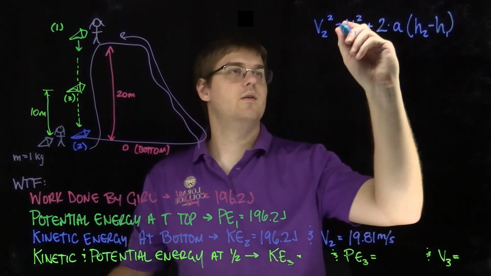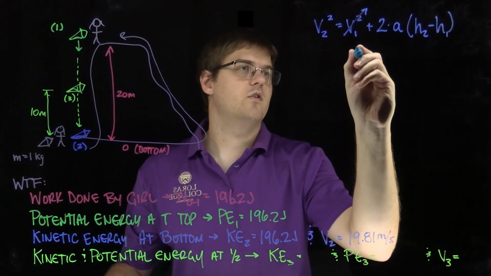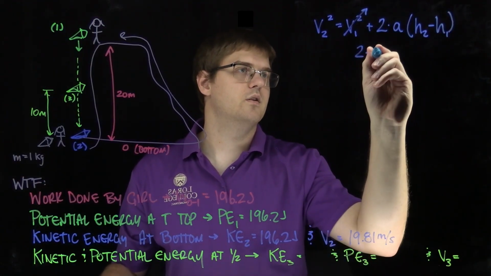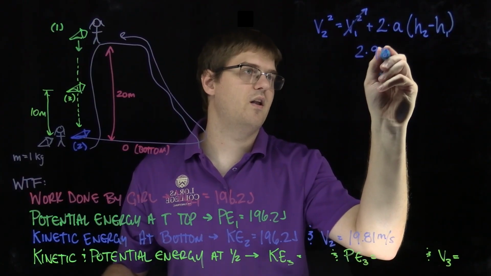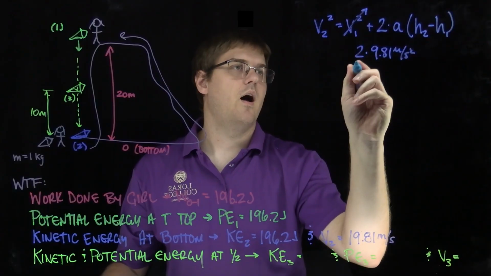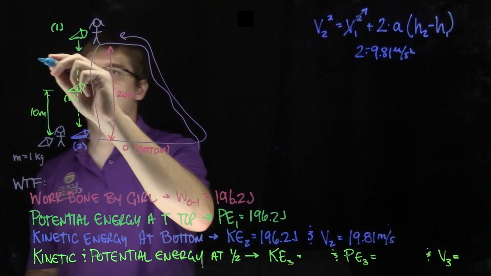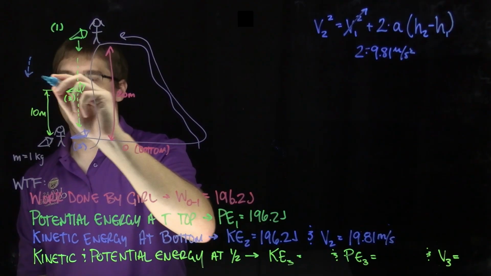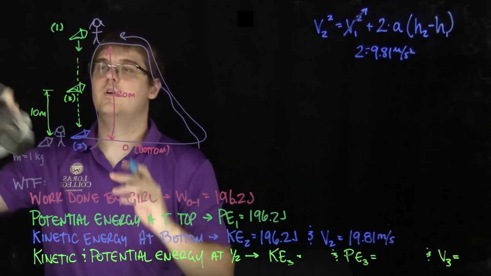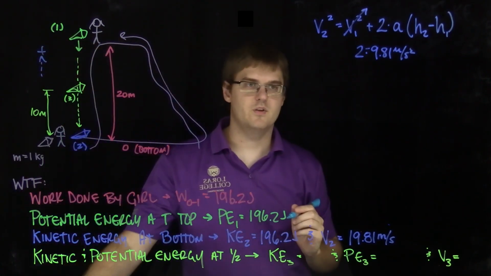Velocity at 1 is 0. So I've got 2 times my acceleration. Acceleration of gravity is 9.81 meters per second squared. Technically, this is negative because I'm going to go ahead and call up positive, because that's what we normally consider to be positive, and it's going down.